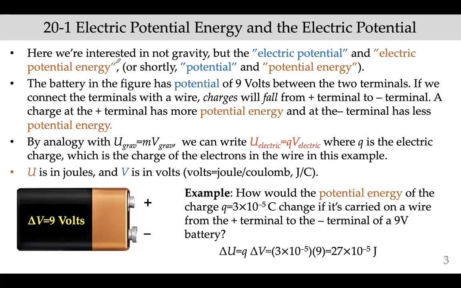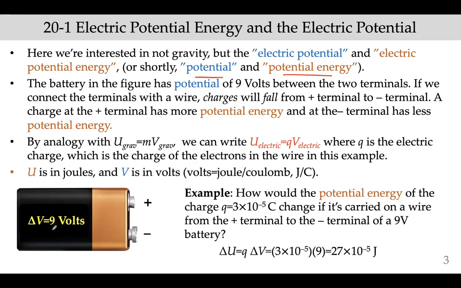Okay, so here we are interested not in gravity, but in electric potential and electric potential energy. Shortly going forward, instead of electric potential, I will just call it potential, and instead of electric potential energy, I will just call it potential energy. So let's start with the battery. You are familiar with batteries, and their potential comes in terms of volts.